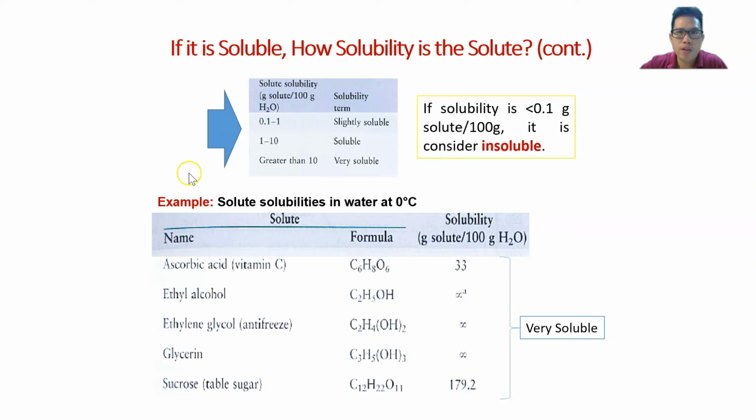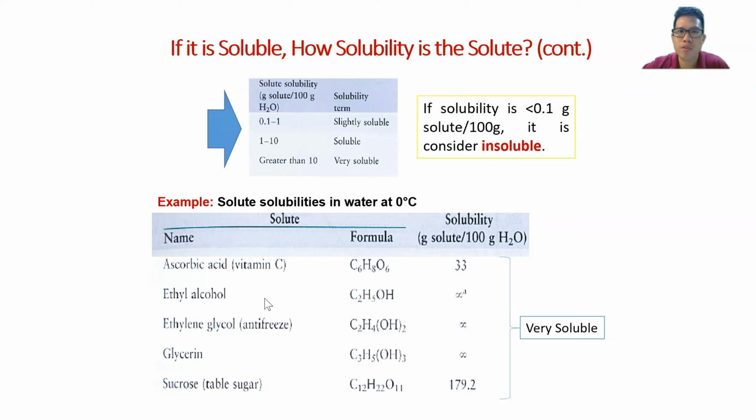For example, even though it's soluble, although it can be categorized as a significant amount of solute dissolved in the solvent, each substance has a specific solubility.